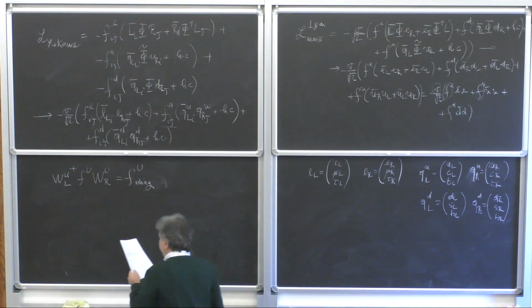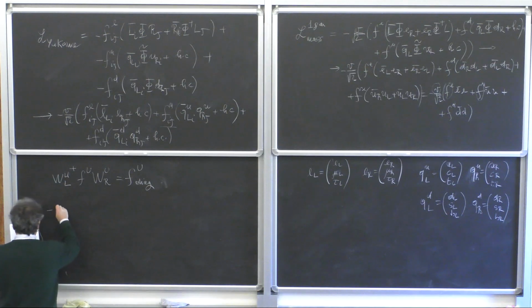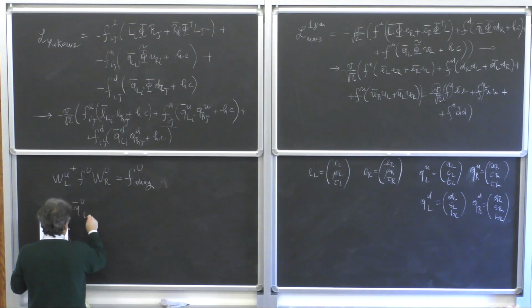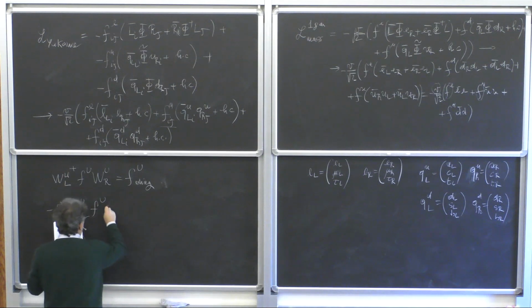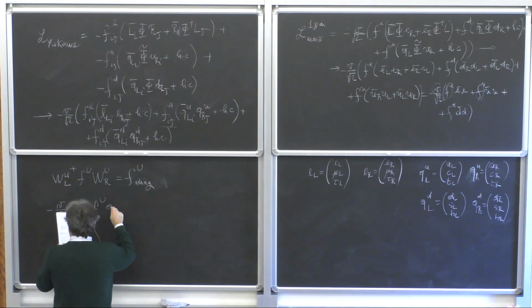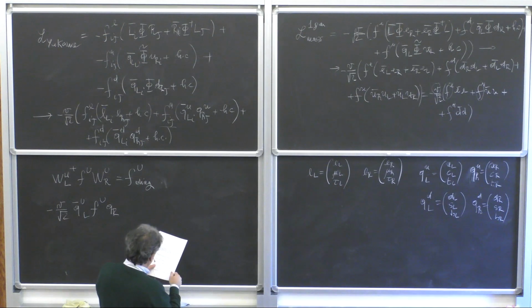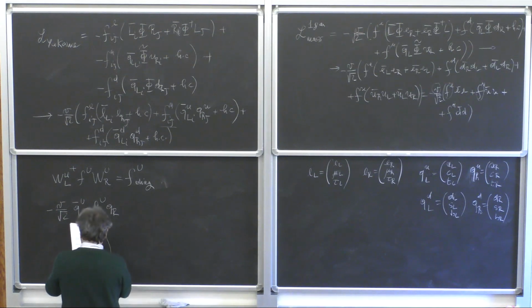And if you consider the Lagrangian term minus v divided by square root of 2, q bar_L F_u q_R, so this is q_R, maybe this is wrong, q bar down, u.